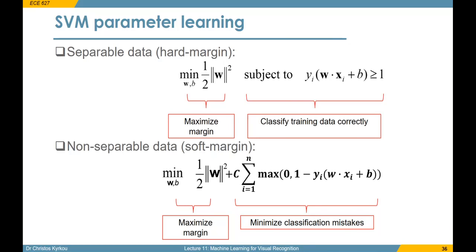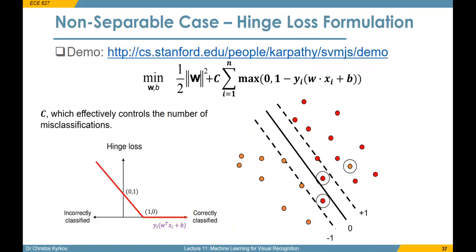If we have a high value of C, the algorithm will try to bring the sum to a low value, so it can overall decrease the objective function value. If we have a small C, it means we can allow for more mistakes.